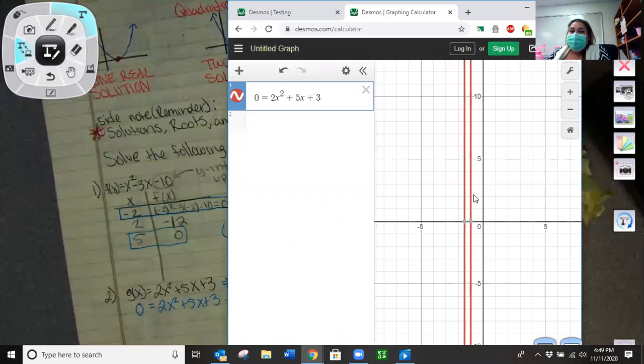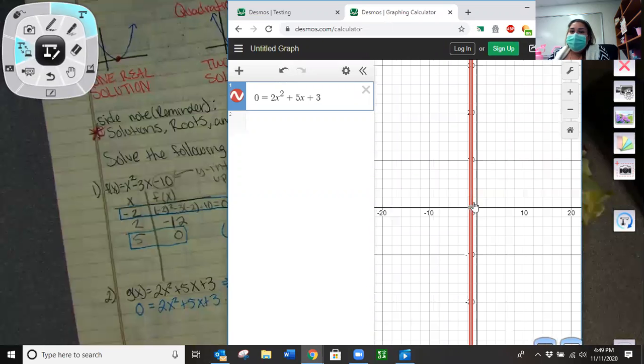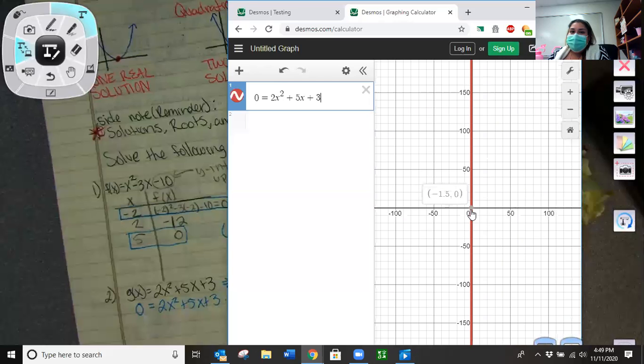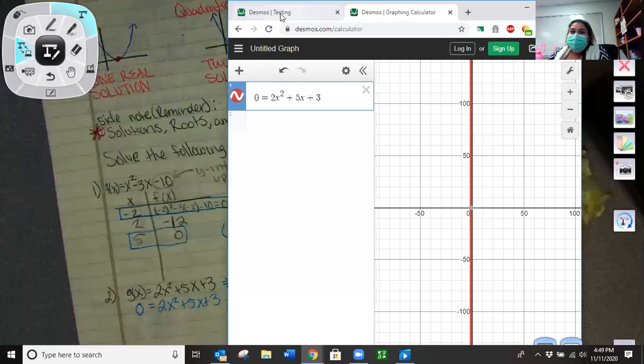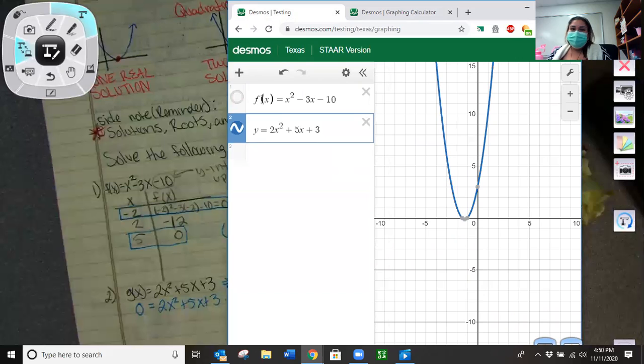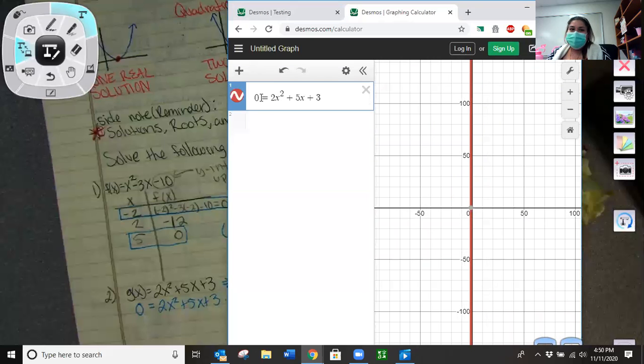First of all, why does it look like that? 2x squared, hold on. Interesting.